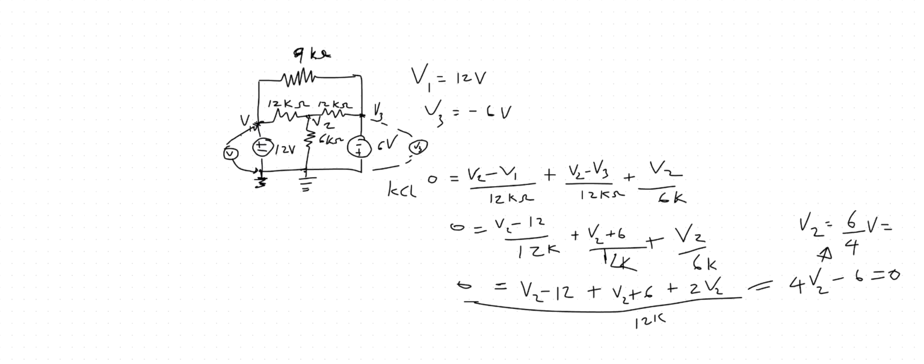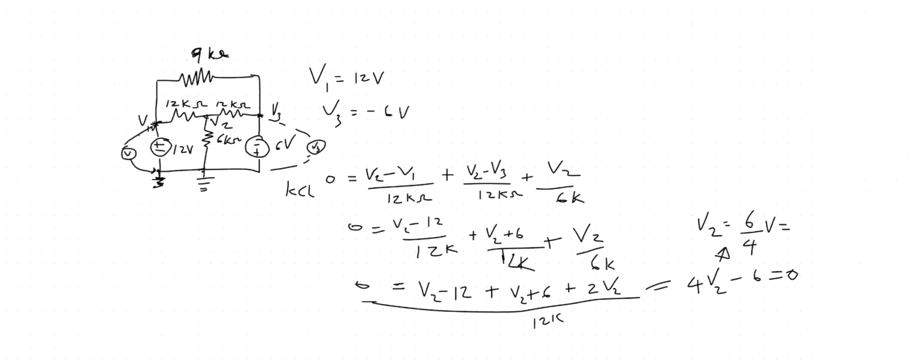Give me it in decimal. 1.5. 1.5 volts. So that's what V2 is. So we have V1, V2, and V3.